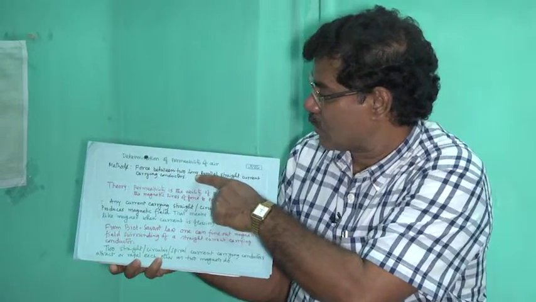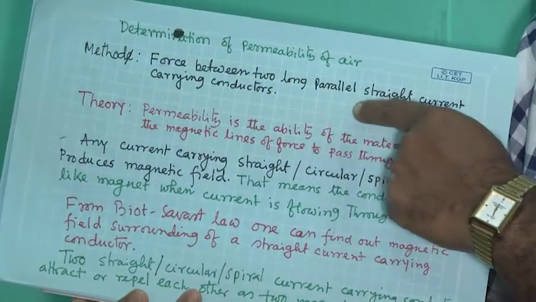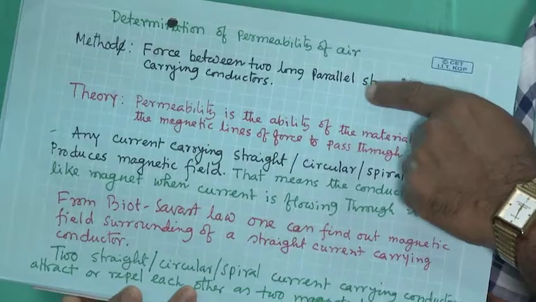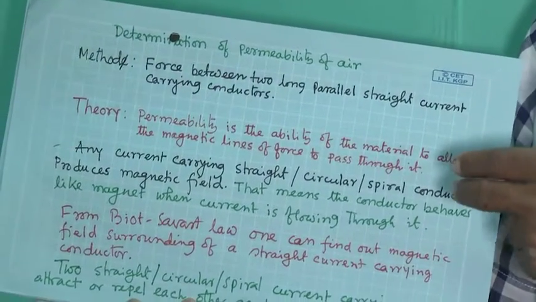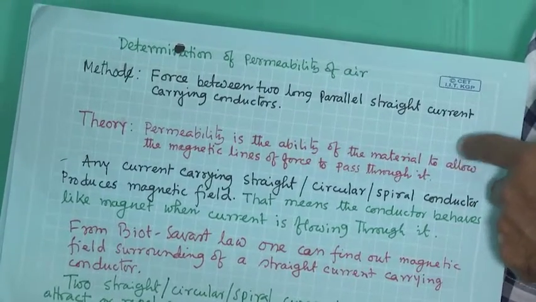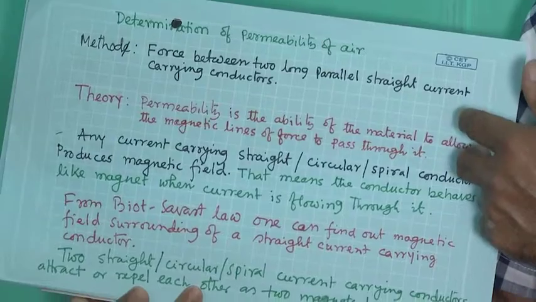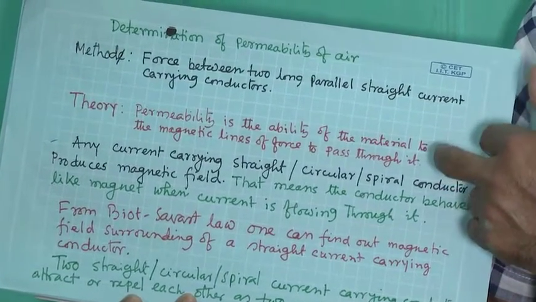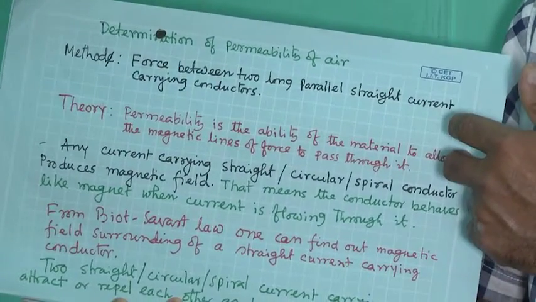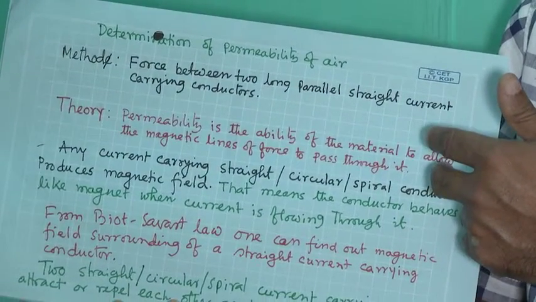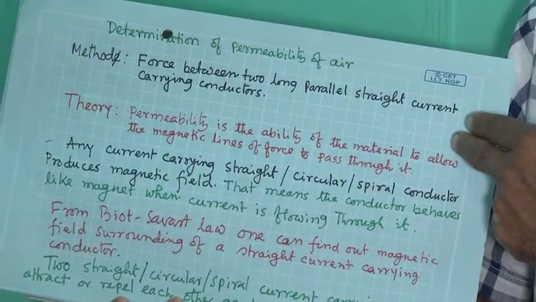So, the force between two long parallel straight current carrying conductors placed with some gap: if you pass current through these two conductors, they will either repel or attract depending on the direction of the current in the conductor, okay.